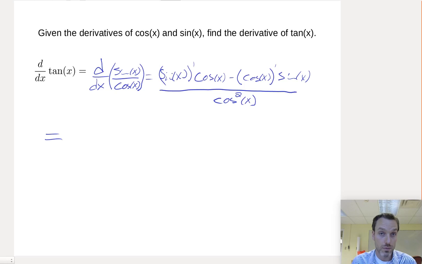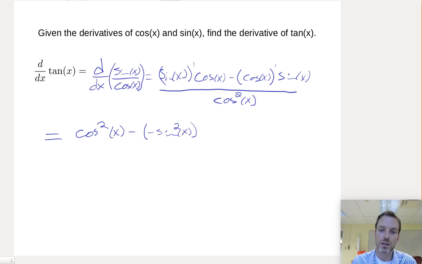Okay, so now we can evaluate the derivative of sine. That's just cosine. So you can see I have cosine squared up here minus the derivative of cosine, which is minus sine of x times sine. So you can see this will be times sine.